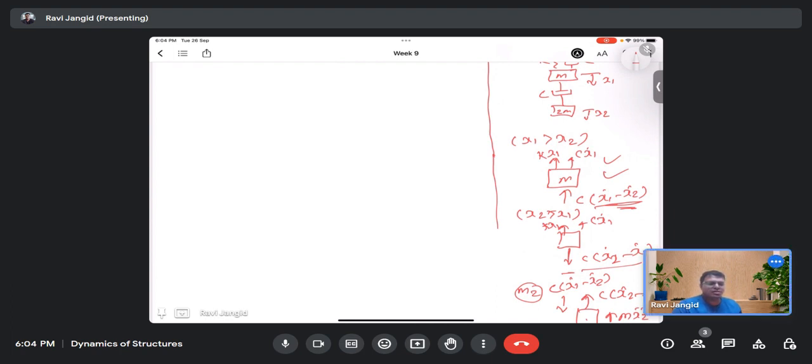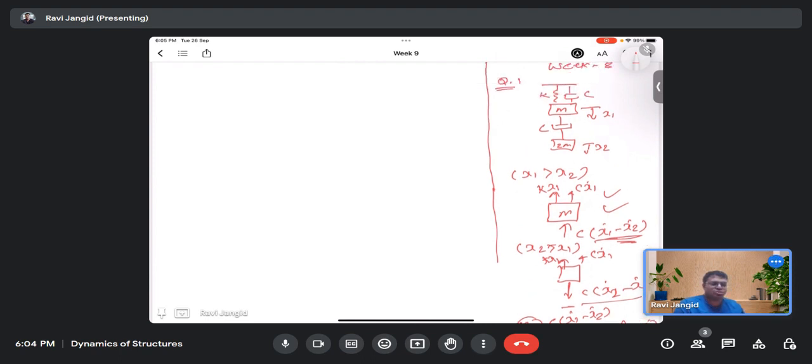Because if you do not remember those things, firstly think that my x1 is more than x2. So the relative displacement that will be taken care of by the c is x2 minus x1. That will deform that one, how much it deforms, x1 minus x2. So how much resisting force you apply in the opposite direction, that will be c times x1 dot minus x2 dot. This way you can do.